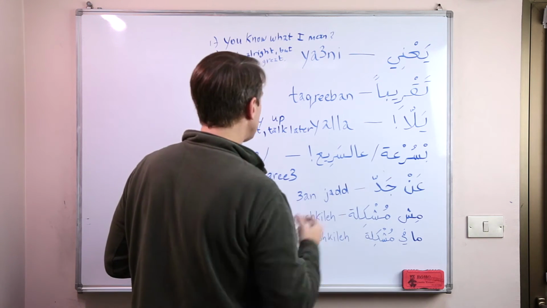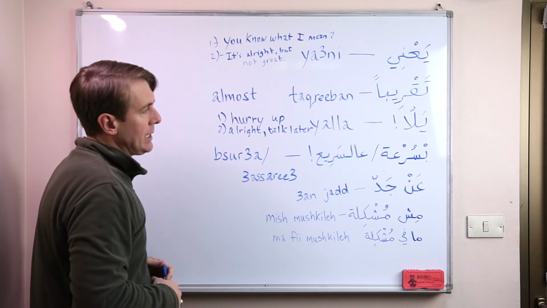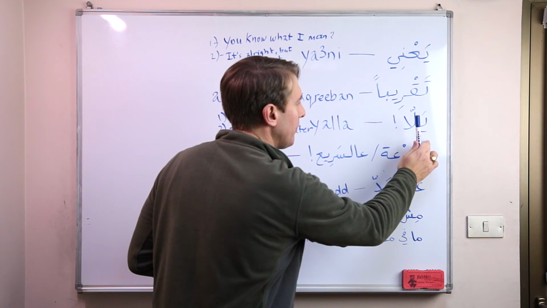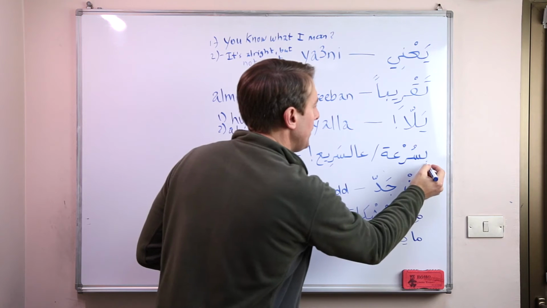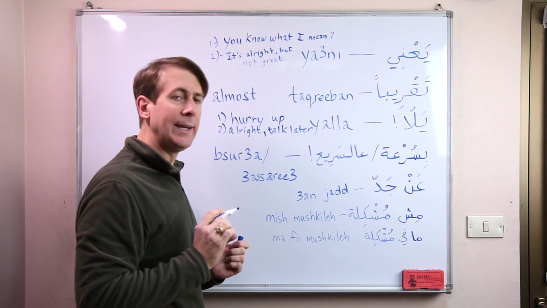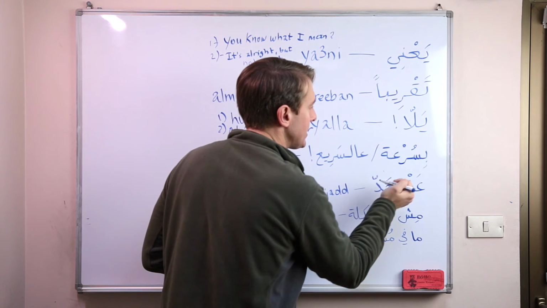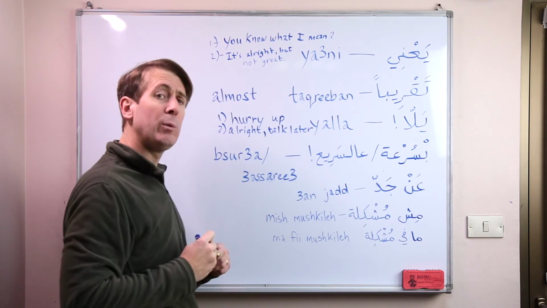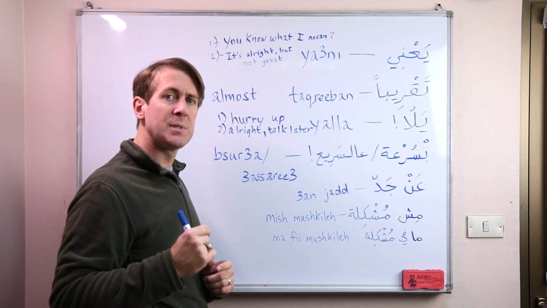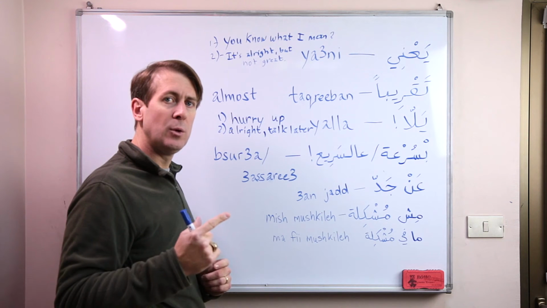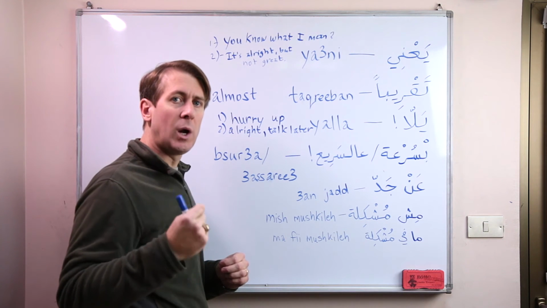All right, so the next one is bsura. Notice here, in Fusha, it would be bi sur'atin, with the tanween kasr. But here, in Amiyya, we would say bsura, bsura, bsura. Repeat after me at home, bsura.